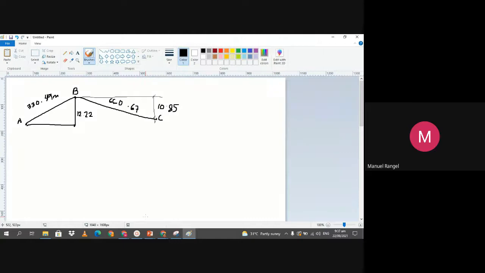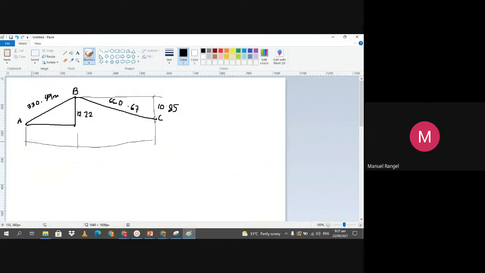Okay, assume that AB has a rising slope. What we are looking for is the horizontal length of A, B, and C.